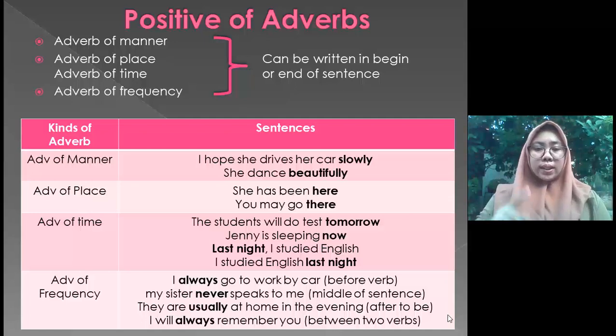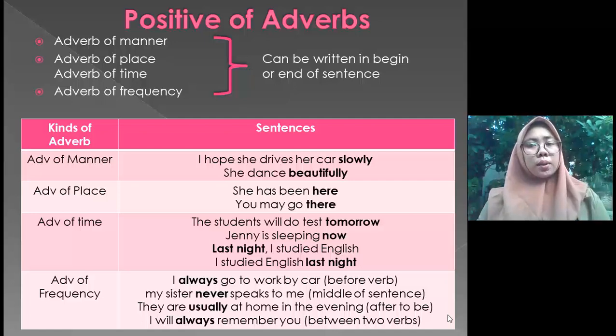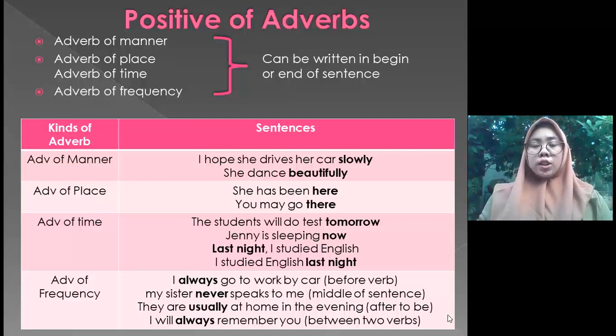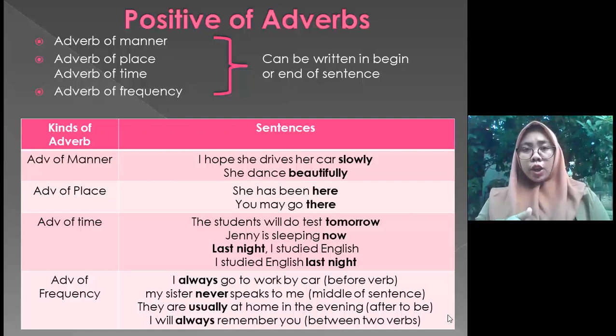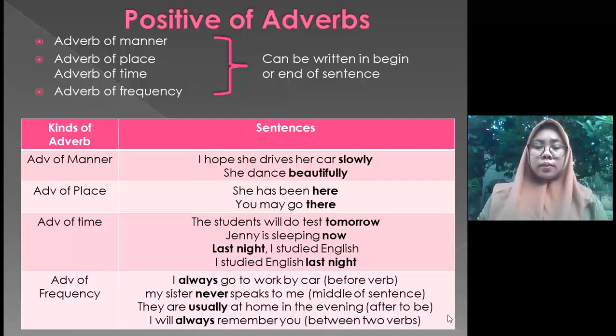The word always here shows your frequency in going to work by car. Here you can apply it for the present tense, because always comes after the subject and before the verb.